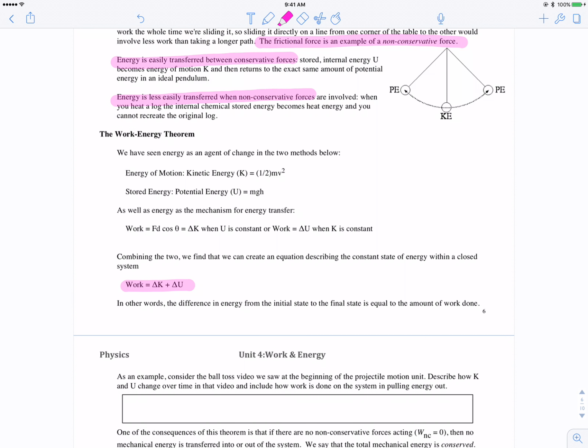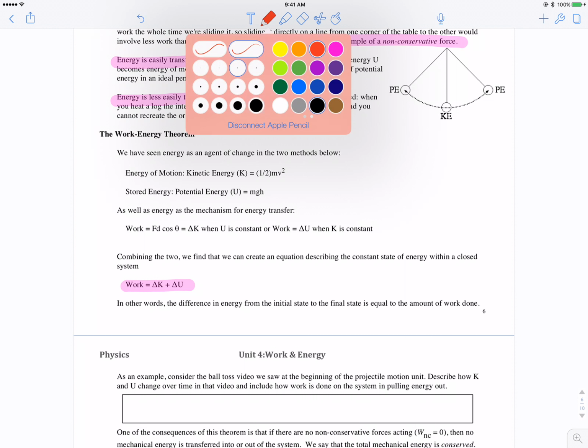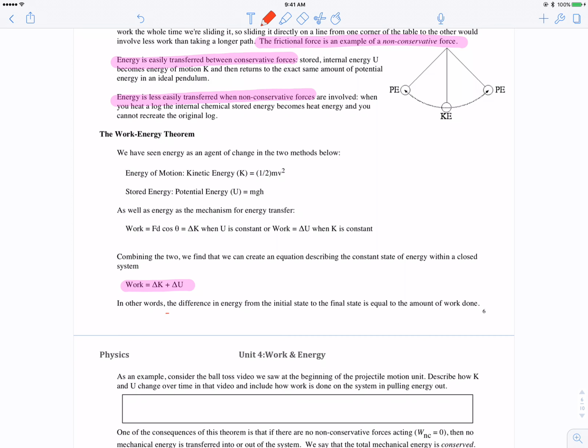The difference in energy from the initial state to the final state is equal to the amount of work done. And that's what we used in our bullseye lab in order to calculate the velocity.